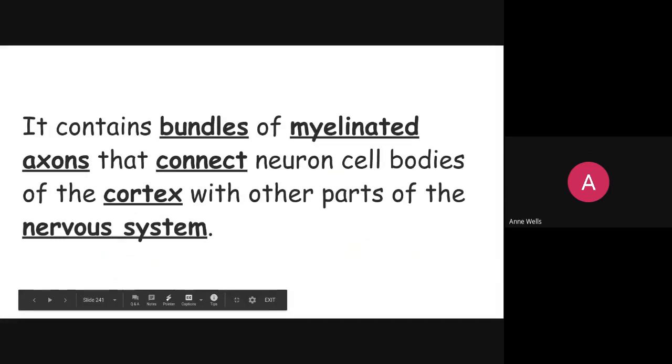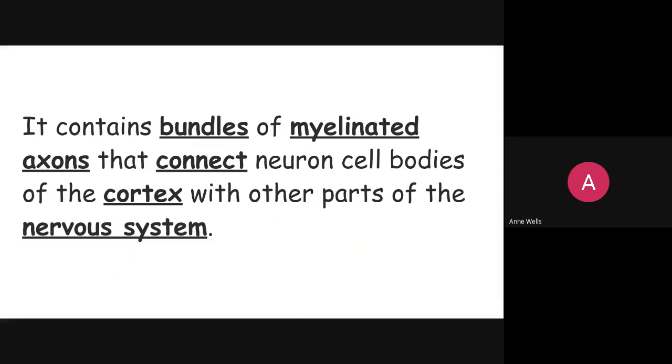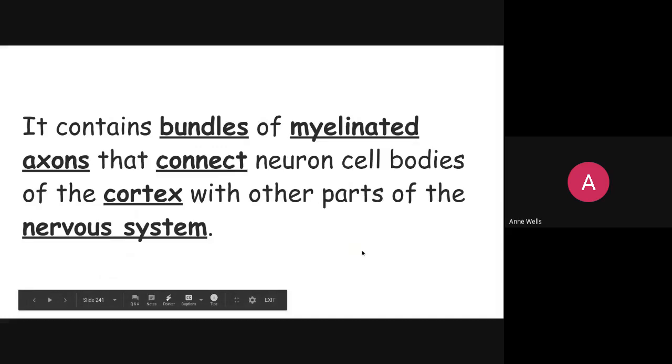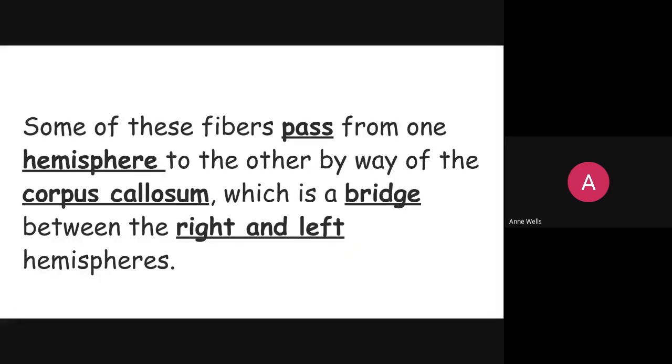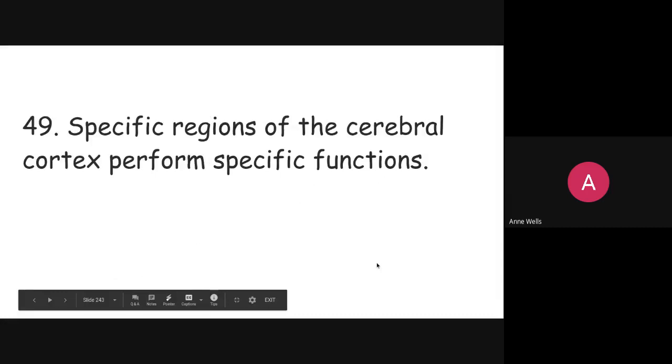It contains bundles of myelinated axons, we already studied that, that connect neuron cell bodies of the cortex with other parts of the nervous system. Some of these fibers pass from one hemisphere to the other by way of the corpus callosum, which is a bridge between the right and the left hemispheres.